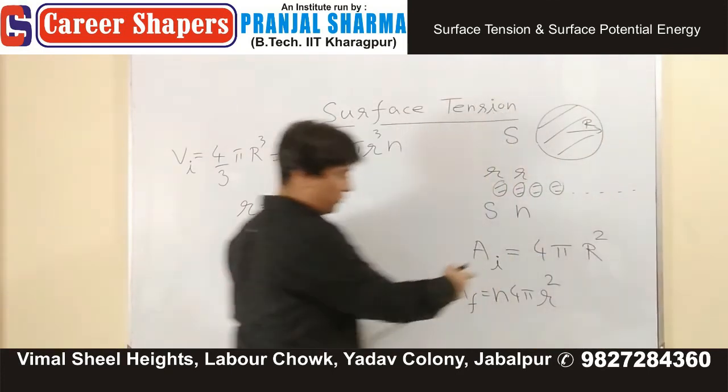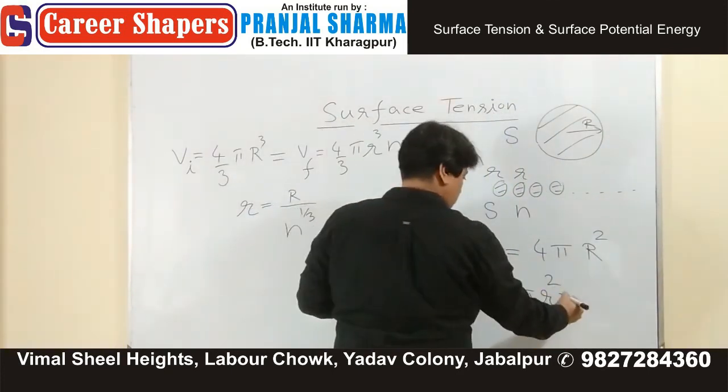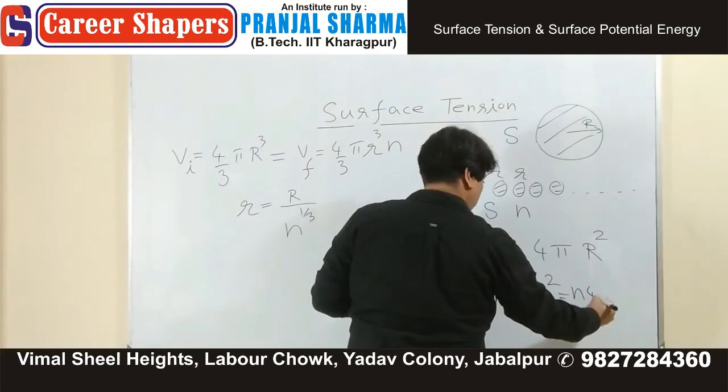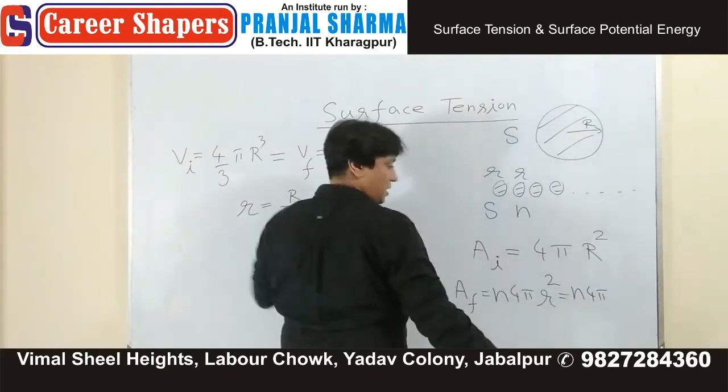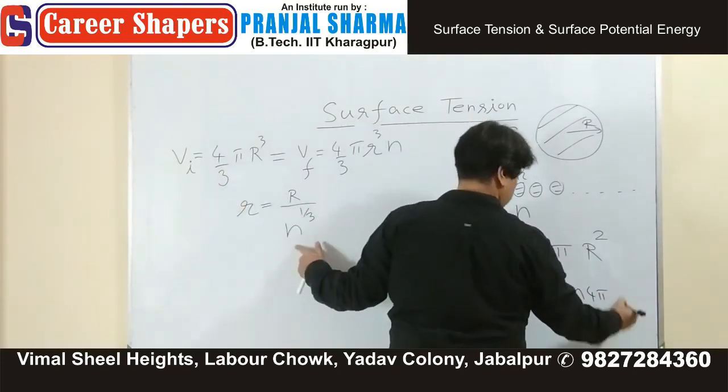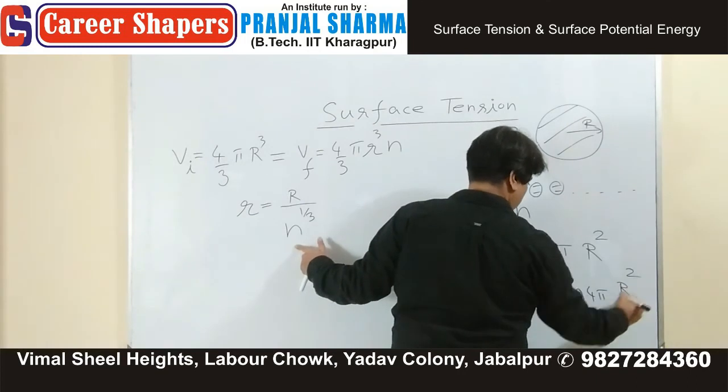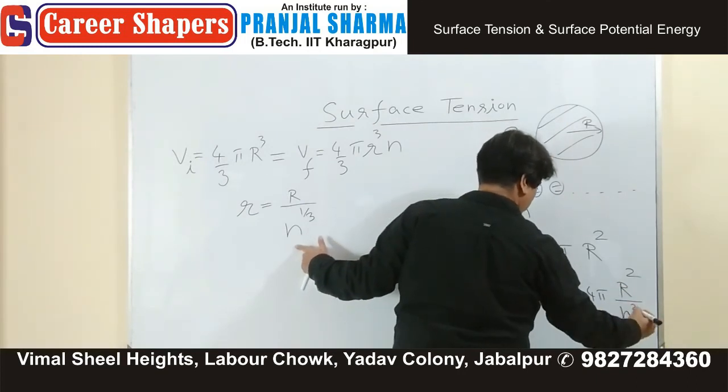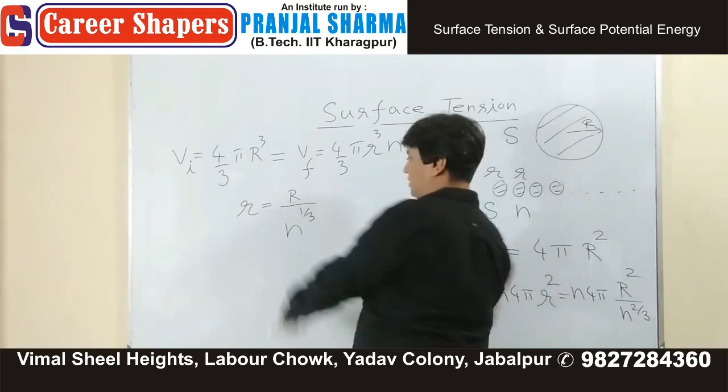Put this value of r over here. It becomes n into 4 pi small r square, which is r square upon n to the power 2 by 3.